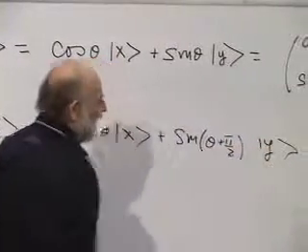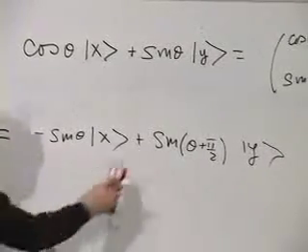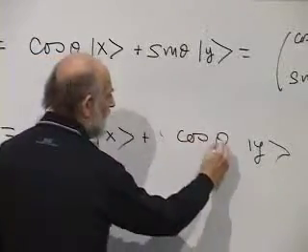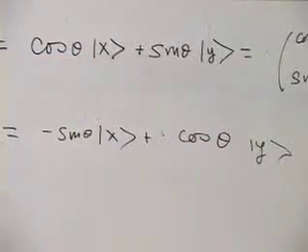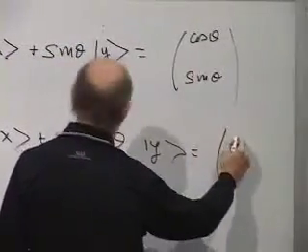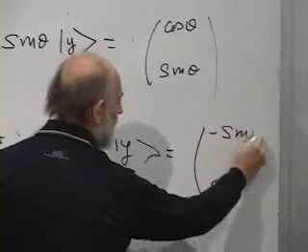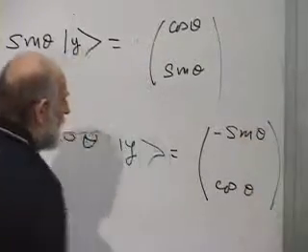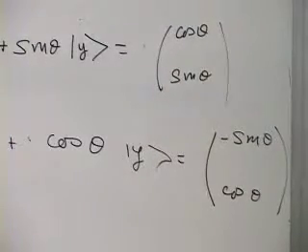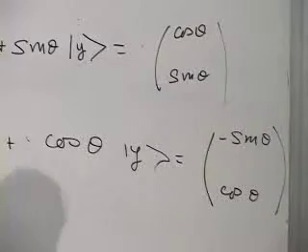But what's the sine of theta plus pi over 2? That's cosine theta. Okay, now we can represent this bottom case by minus sine, cosine. This one represents a photon polarized along theta, and this one represents a photon polarized in the orthogonal direction.